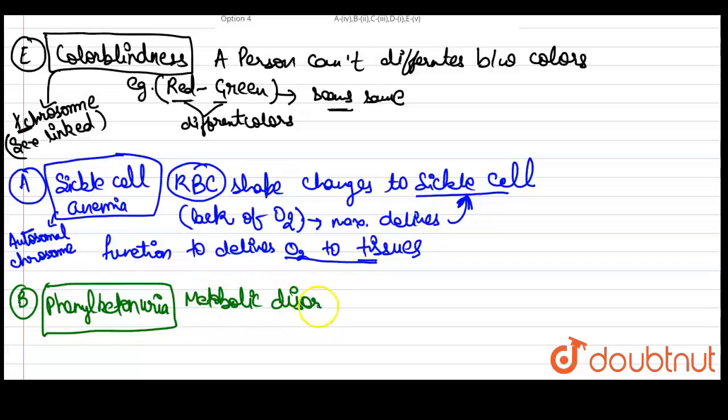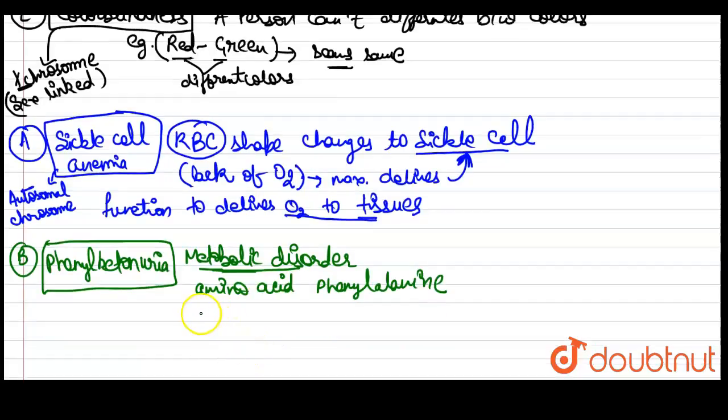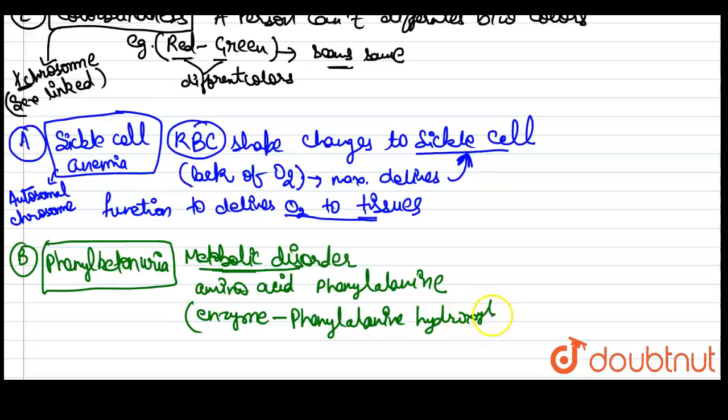Here the metabolic disorder is in the amino acid known as phenylalanine, because of an enzyme known as phenylalanine hydroxylase.